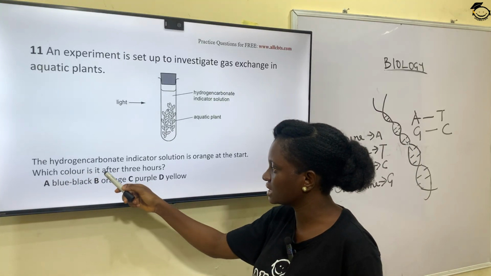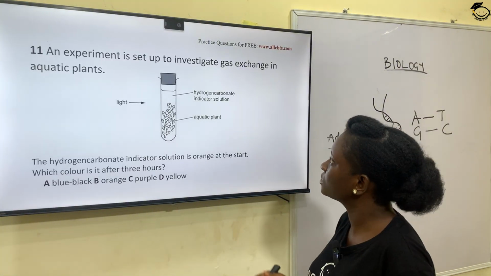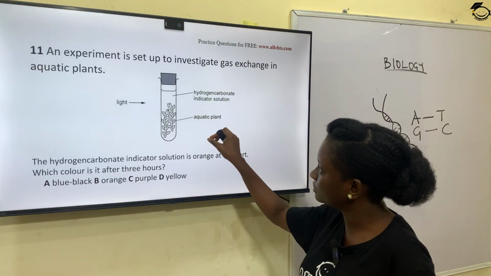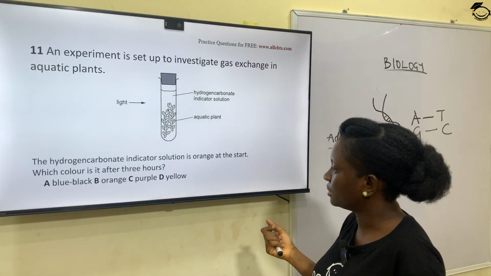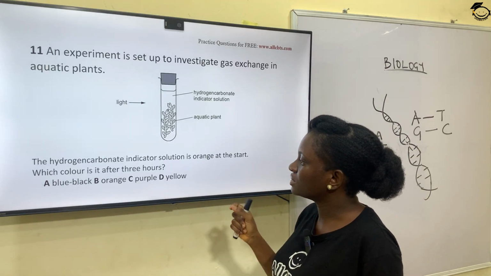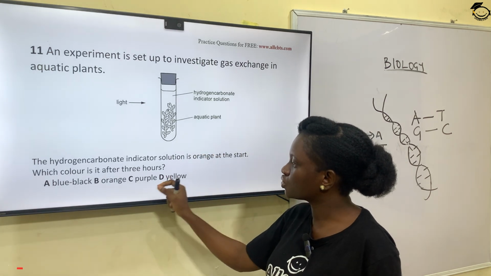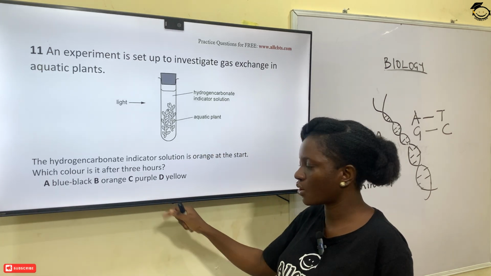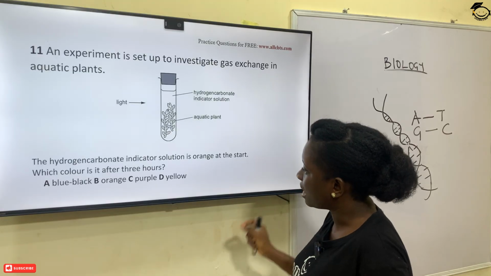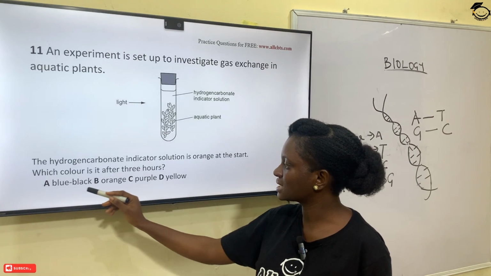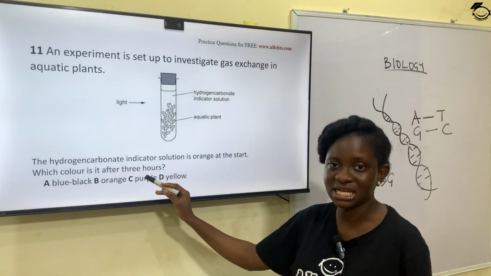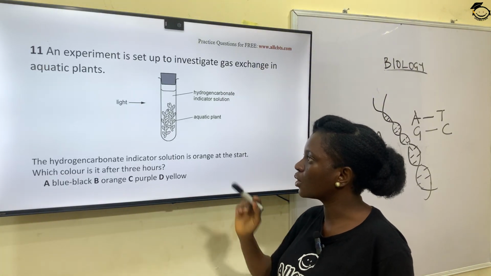This will change because there's a removal of CO2 in the experiment. So this will change to a purple color after 3 hours. From the options, we see that C is the correct answer, a purple color.